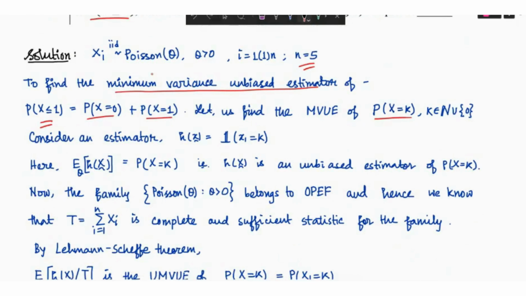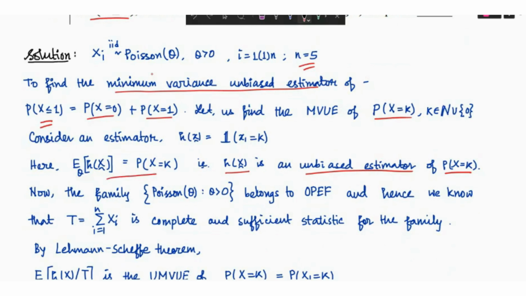So consider an estimator H(X), which is a function of X1, X2, ..., Xn given by the indicator of X1 equal to k. So observe that here the expectation of H(X) is basically probability of X1 equal to k. That is, H(X) is an unbiased estimator of probability X equal to k.